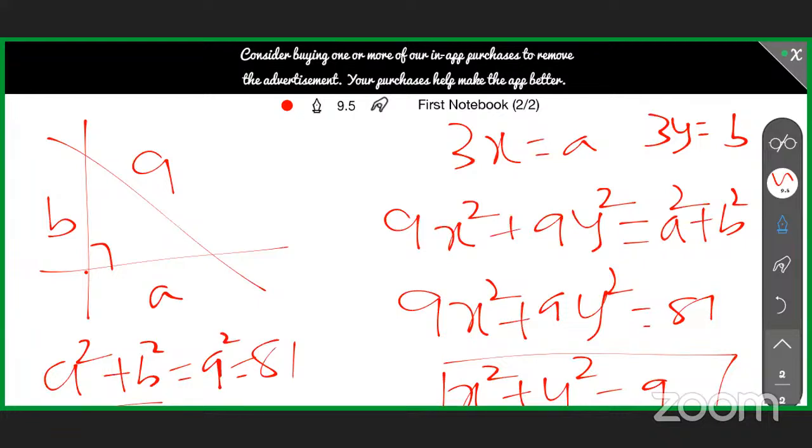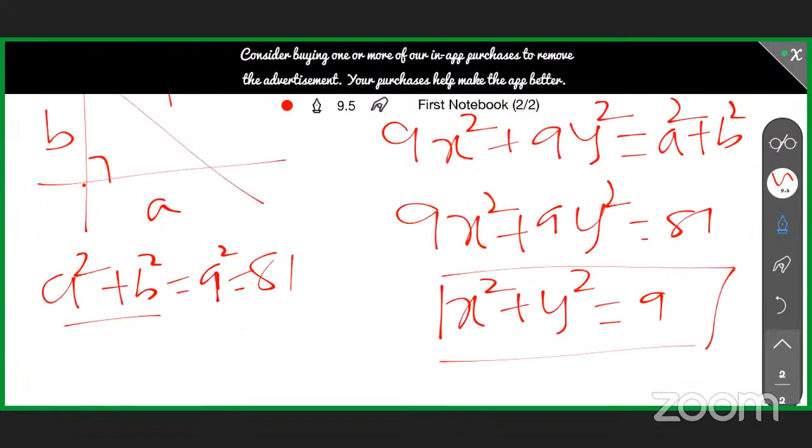That is 9 square is equal to A square plus B square. The value of 9 square is equal to 81. Therefore, A square plus B square is equal to 81. Applying this value, 9x square plus 9y square is equal to 81, and on simplification, it will be x square plus y square is equal to 9.